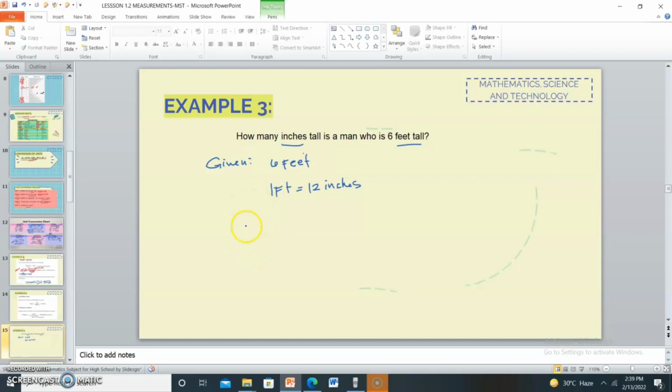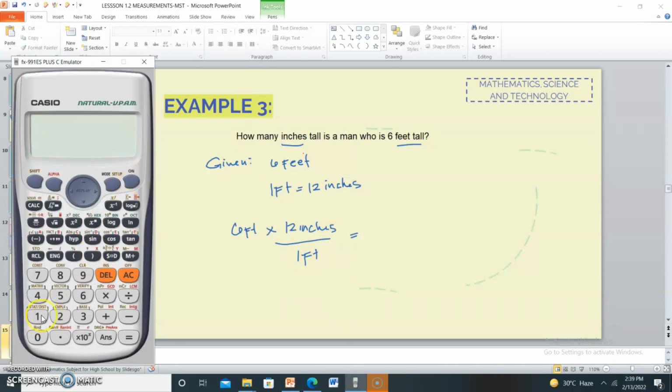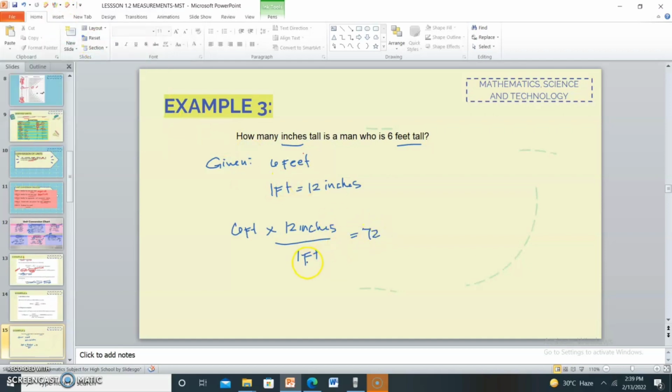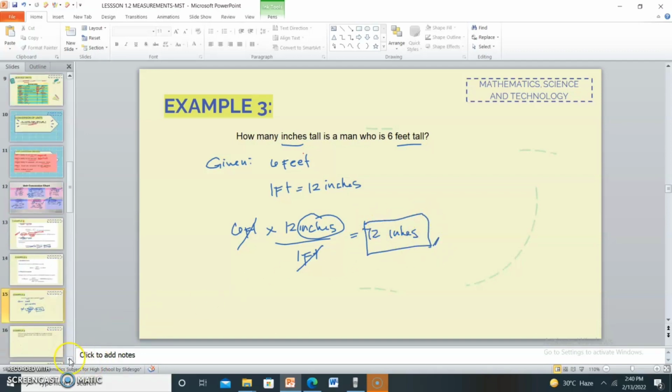So, perform the conversion. 6 feet times 12 inches over 1 is equivalent to 6 times 12 over 1. That is 72. Make sure the feet cancel out so that the desired unit, inches, is what remains. 72 inches.